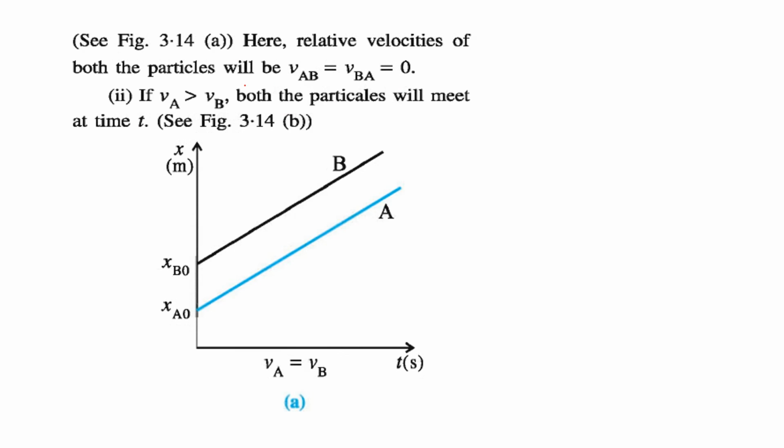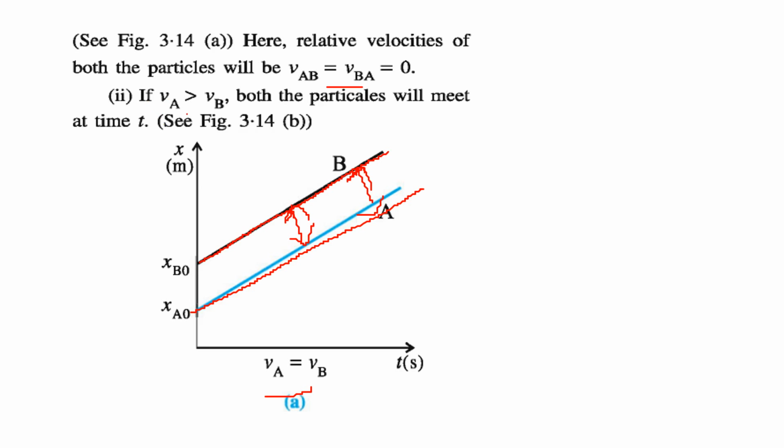So the relative velocity of both the particles will always be 0, VBA equal to 0, because they are moving with the similar velocity.